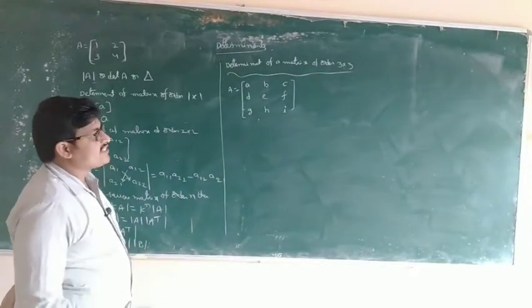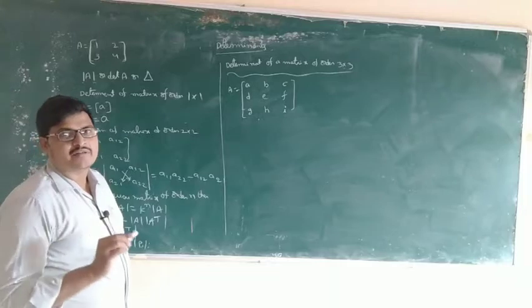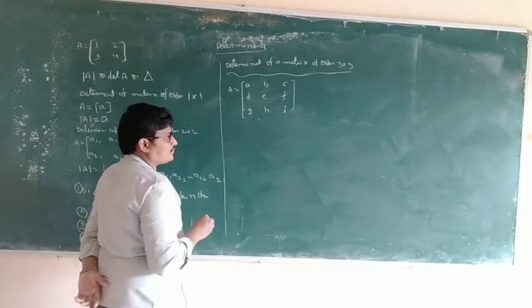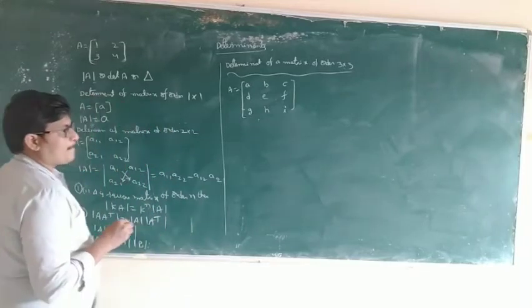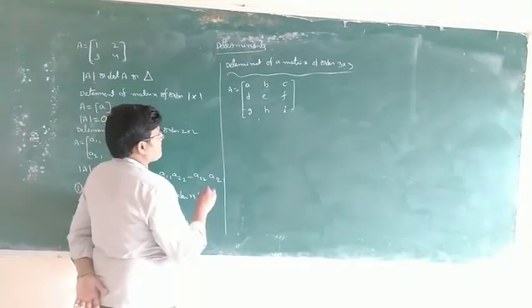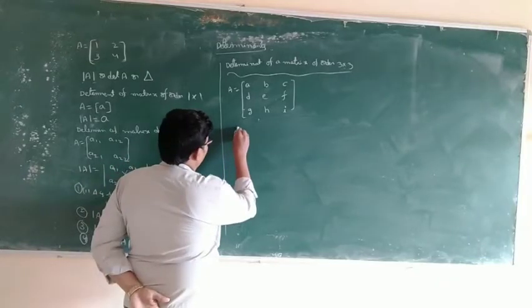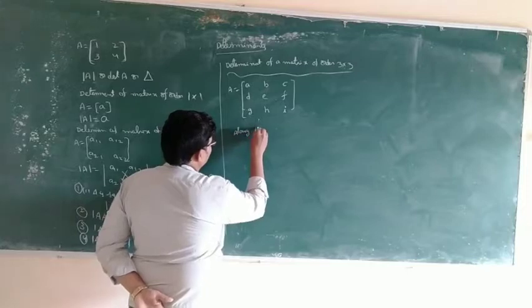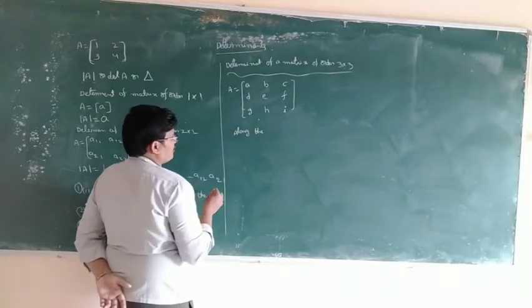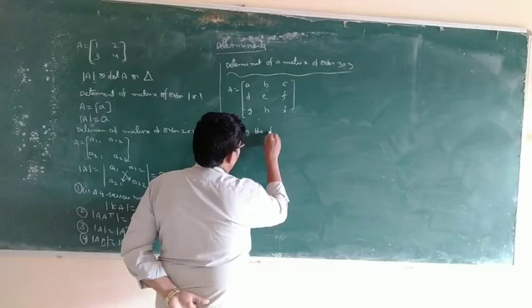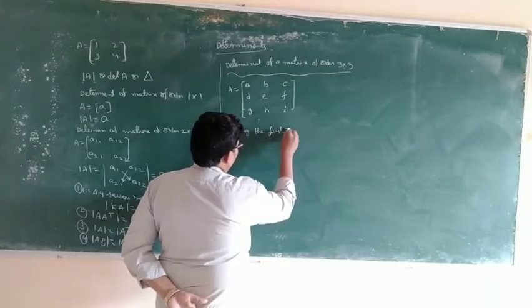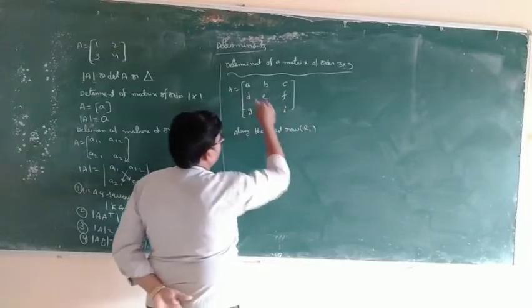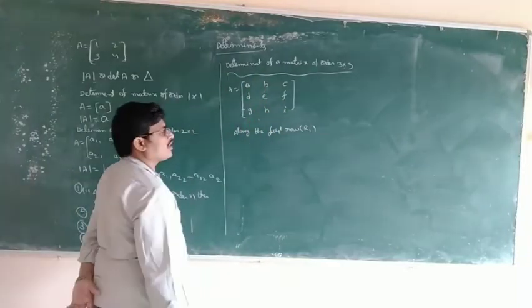Here are row 1, row 2, row 3 and column 1, column 2, column 3.